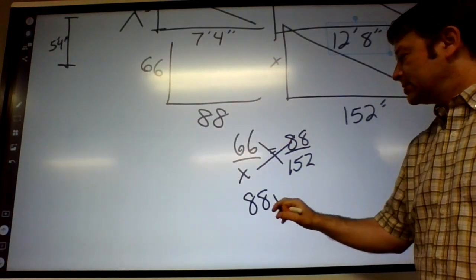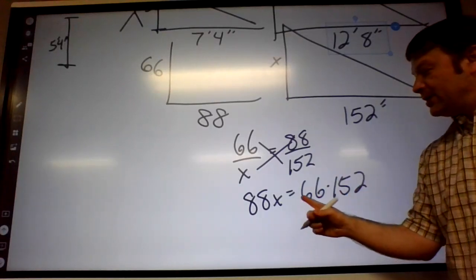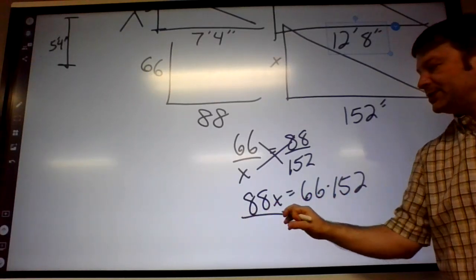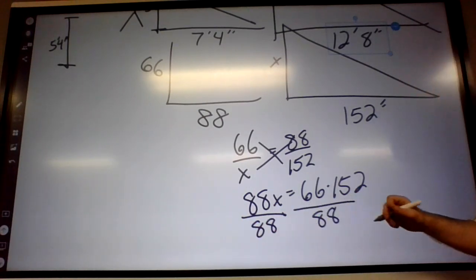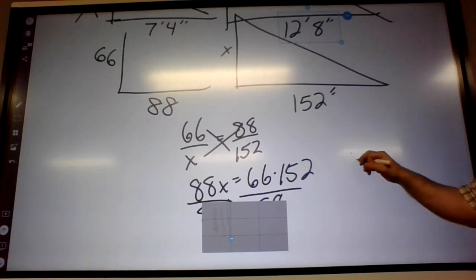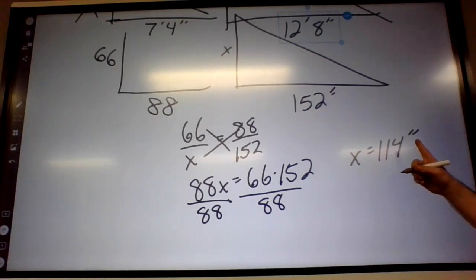88x equals 66 times 152. So basically, whatever 66 times 152 is, we're dividing by 88. 114. Okay, or that's 12 feet. Wait, no, it's not quite. So we have to convert this back into feet and inches. It'd be like 9 or 10.